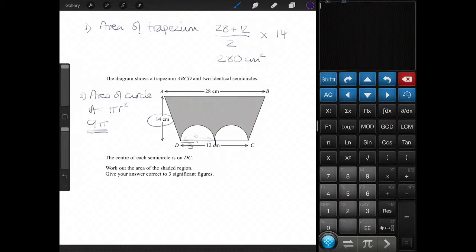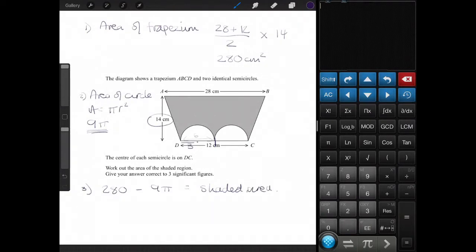So the final bit of this then is to work out the area of the shaded bit. Now, obviously, the shaded bit is a trapezium with the circle taken out. So it's 280 minus 9 pi, and that is the shaded area, which is the bit that we're looking for.